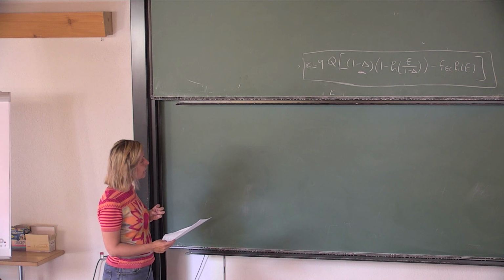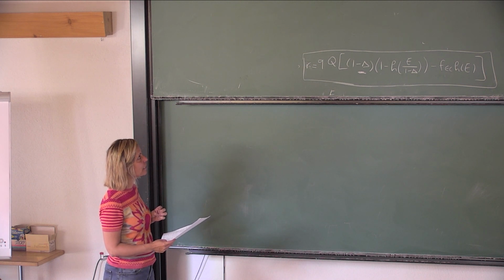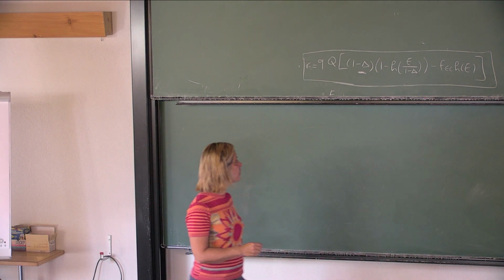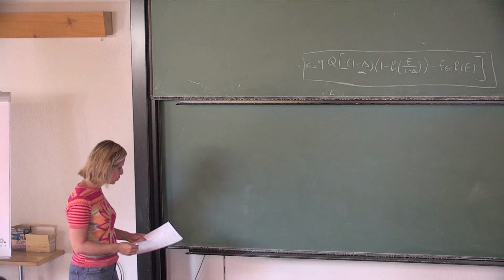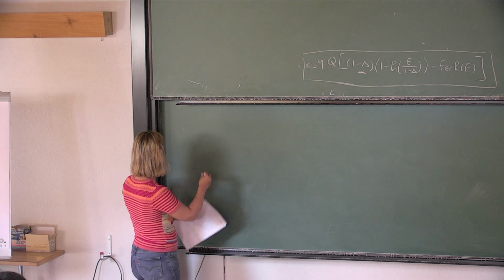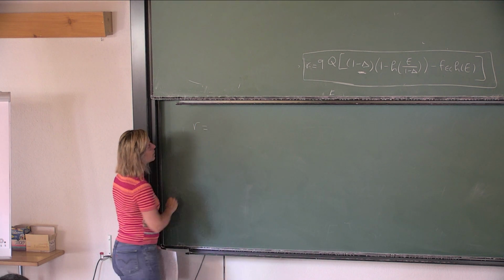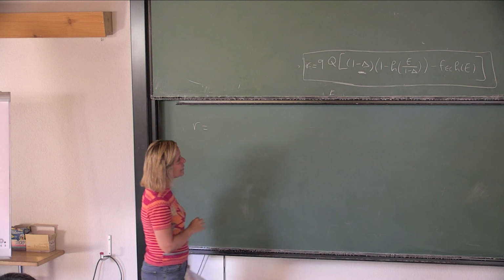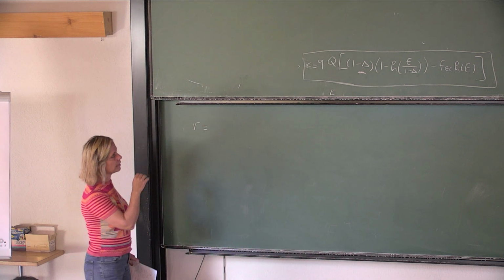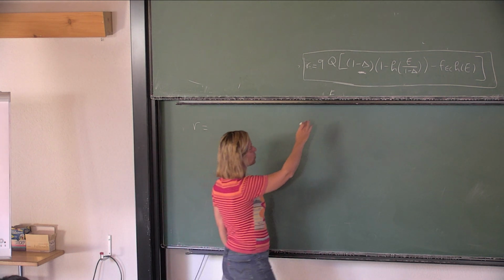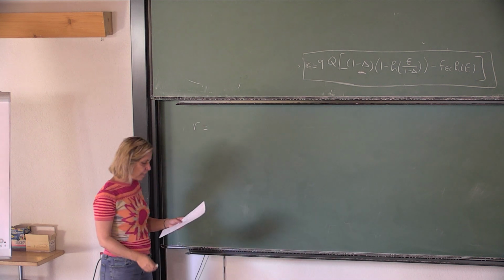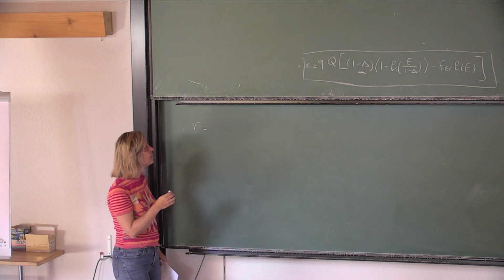So to get a gist of how this decoy state protocol works, we need to retake the expression for the secret key generation rate. What I left here is the final expression including the photon number splitting attacks, but we can also consider it from essentially the very beginning here.